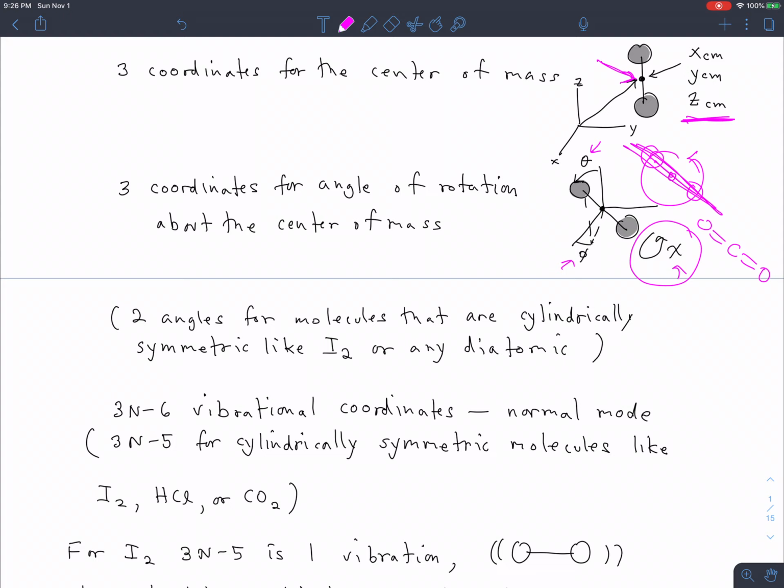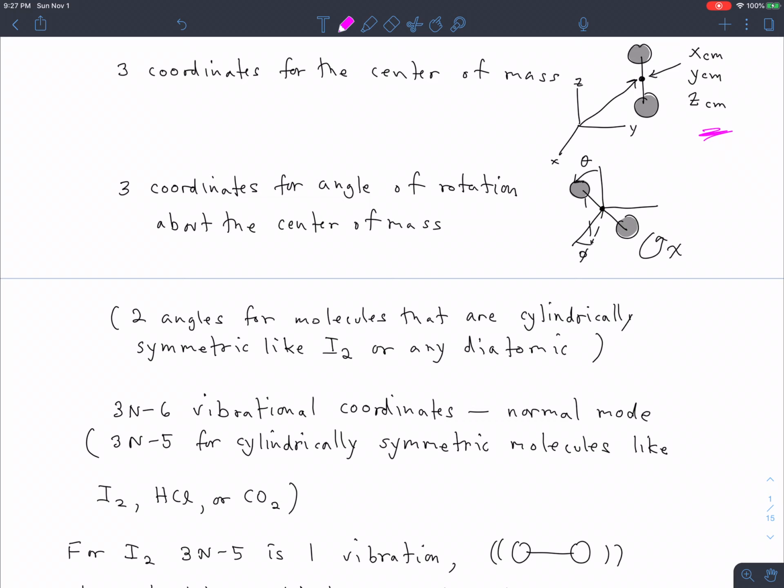The only things that can spin around the axis are the electrons, and that gets counted as part of the electronic wave function, not the rotational parts of the wave function.